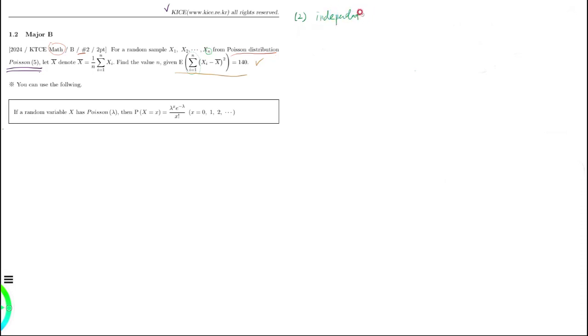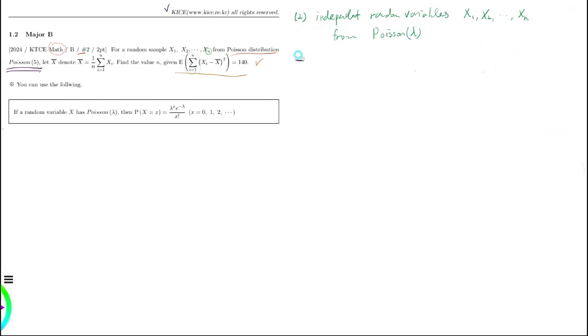Say we have random variables capital X1, X2 through Xn, and they are all from the same Poisson distribution with parameter lambda.